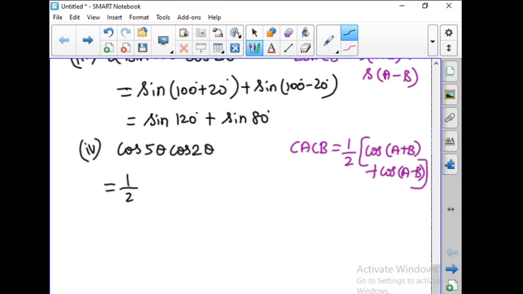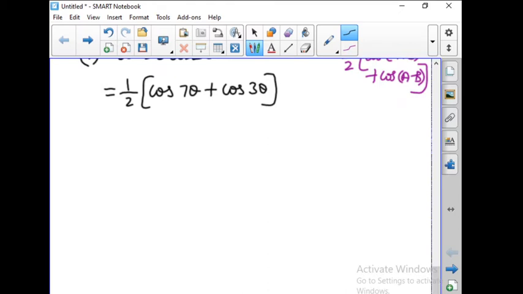So 1 by 2 cos of A plus B is 5 plus 2, 7 theta, plus A minus B is 3 theta. Okay. So this is your answer.